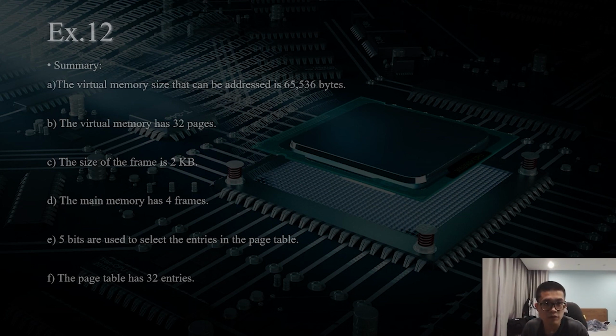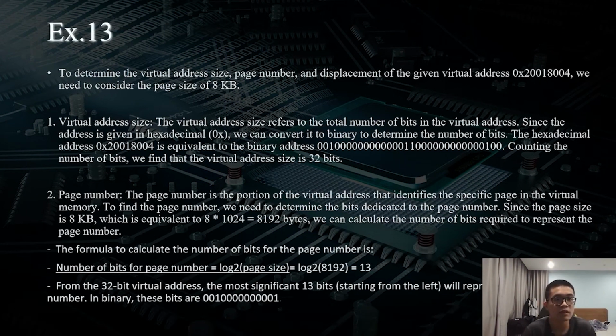And next we move to exercise 13. So to determine the virtual address size, page number, and displacement of the given virtual address, we need to consider the page size of 8 kilobytes. Number one, virtual address size.